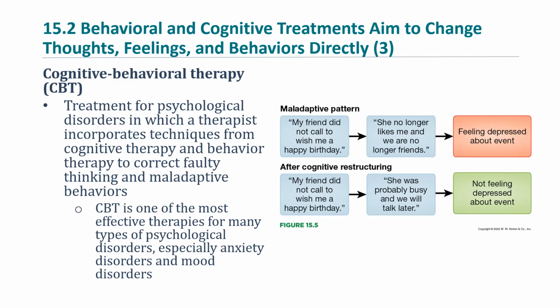So they would work on behaviors related to the maladaptive pattern of thinking, changing your thoughts as well as your behaviors. CBT works very well with anxiety disorders in particular. Also mood disorders, but really good for anxiety.